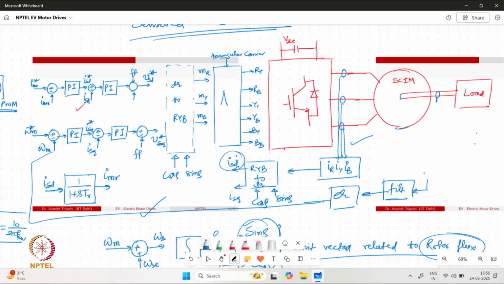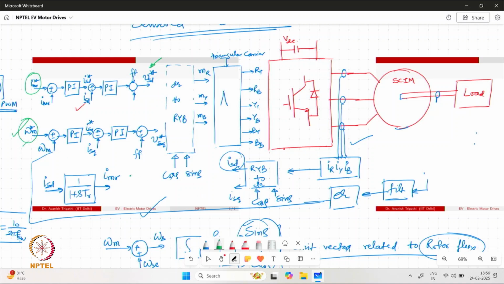So we have reference provided for IMR and omega. IMR reference could be external or it could be internally given, whereas omega m is the reference set by the user. Then we have IMR loop operating within this, and it is eventually generating the voltage VSD star, VSD reference.